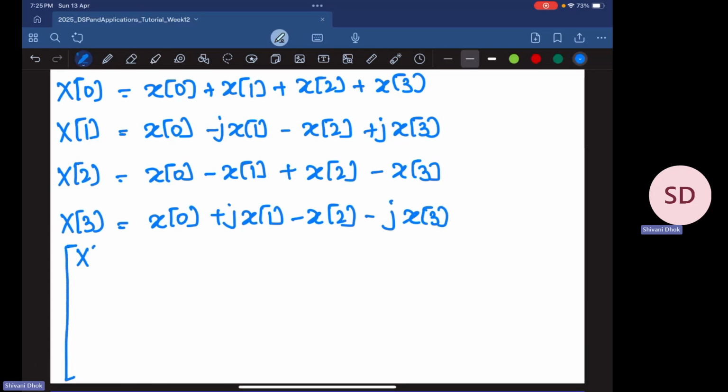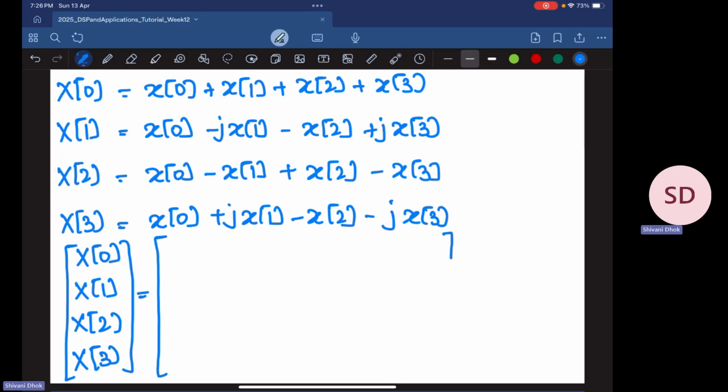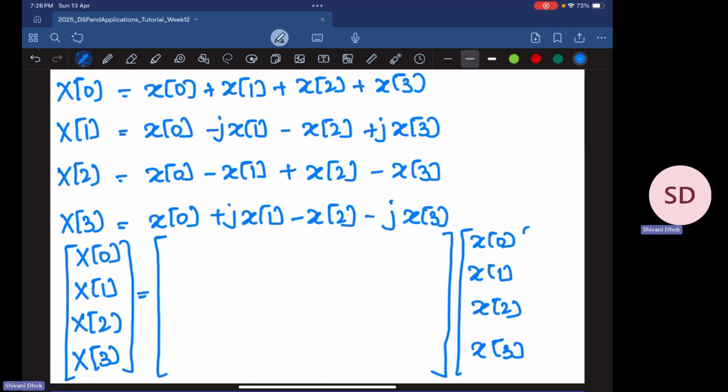So we have here X of 0, X of 1, X of 2 and X of 3. This is equal to a matrix M, and then we have here x of 0, x of 1, x of 2 and x of 3.